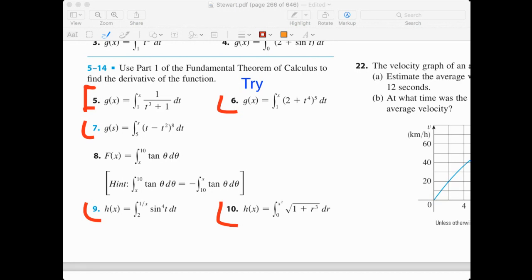Professor, can you hear me? Yeah, I can hear you now. So I'm a little bit confused on that, but what I think is because of the interval x and 1.